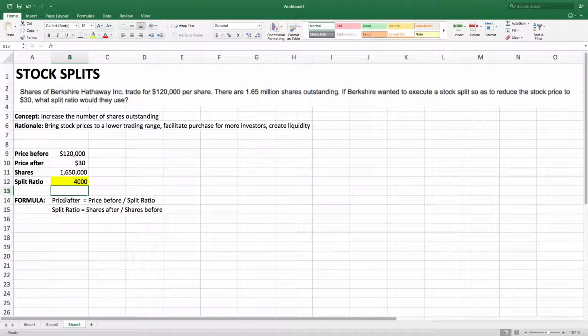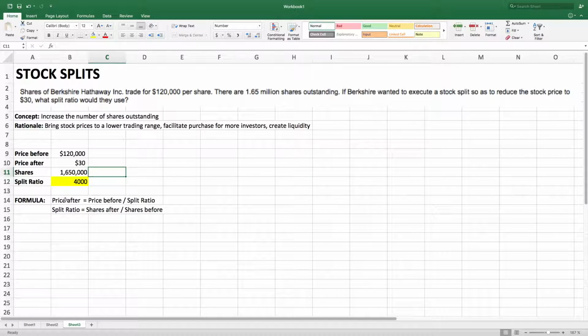Now this should intuitively make sense to you. It basically says that if you have 1.65 million shares, you should take each and every single one of those shares and multiply it by 4,000. So if I'm an investor in Berkshire Hathaway and I have one share, that one share should convert into 4,000 shares, right?